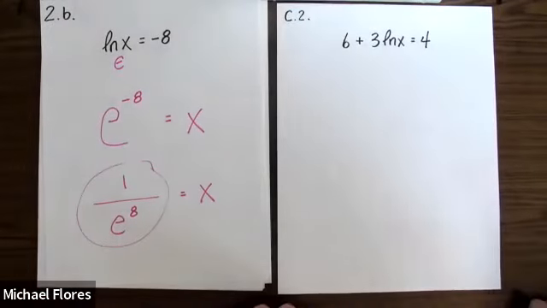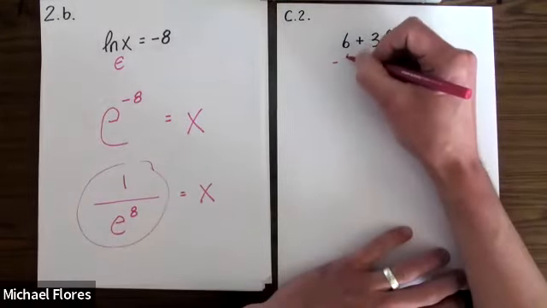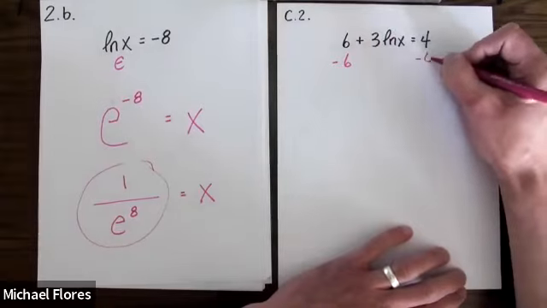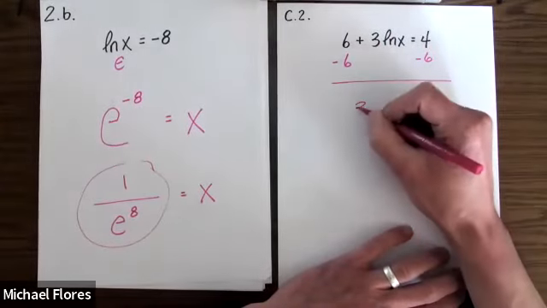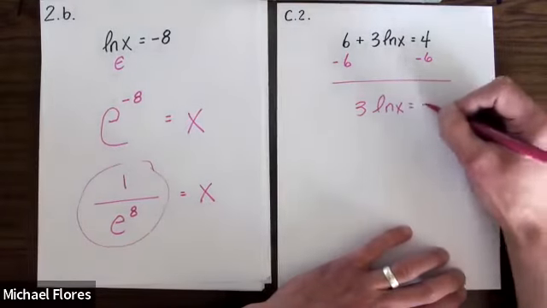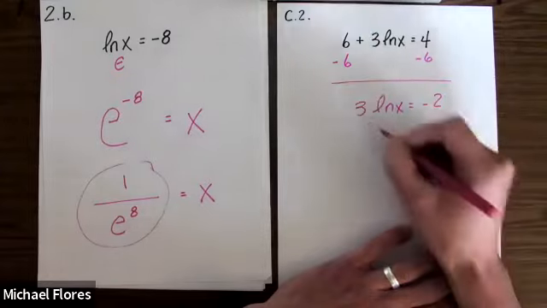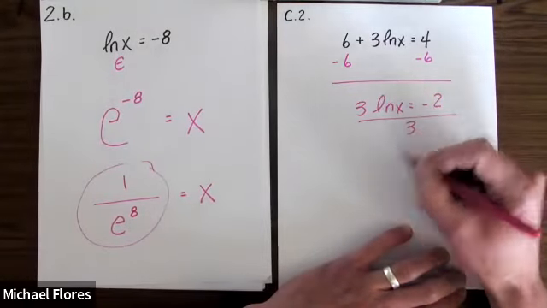Okay, with example 2C, whatever, we're going to need to subtract the 6 first. Divide both sides by 3.